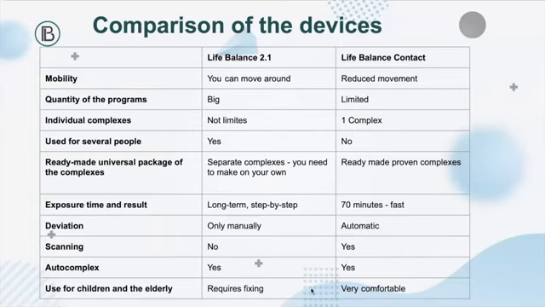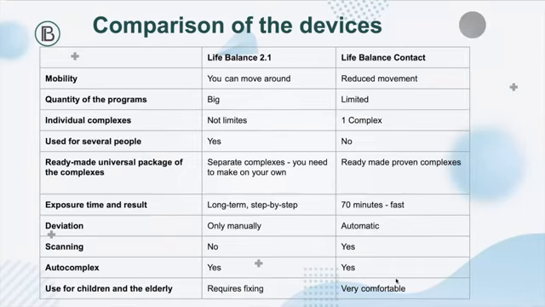Autocomplex. In both cases, we say yes, and used for children and elderly people. As I told you before, if children are very active, they can lose the device, or they can just take it out and leave it somewhere, or decide not to use it because it's a longer time.